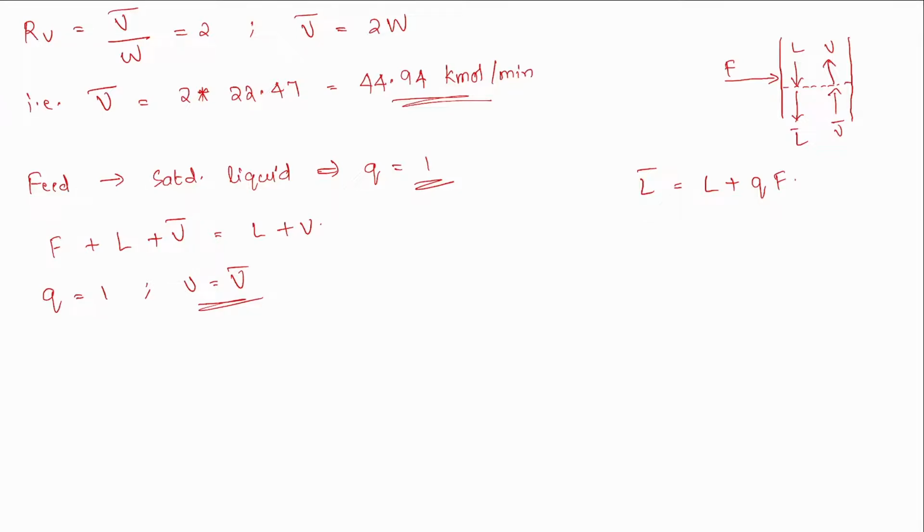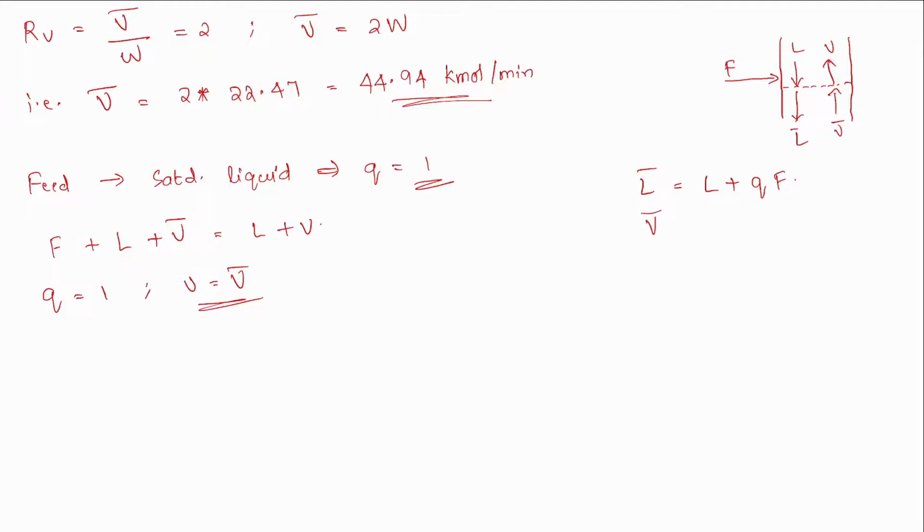L bar is the liquid which is going below the feed tray. So L bar is equal to L, which is incoming into the feed tray, plus qF, which is the fraction of liquid available in the feed.